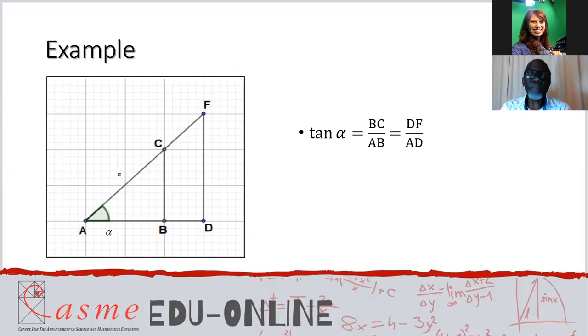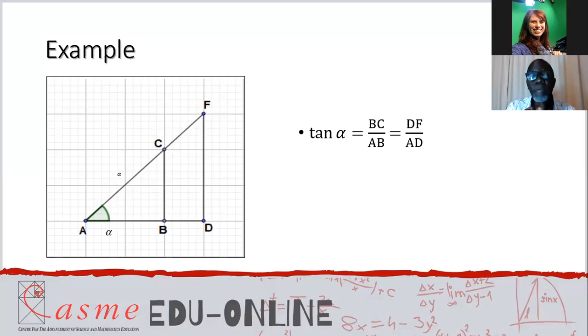Now, if I want to find the tangent of alpha, I will look at which side is opposite alpha. BC is opposite alpha, and which one is adjacent to alpha in the smaller triangle? It will be AB. So the tan of alpha in this one is BC over AB. Or if I'm using the bigger triangle, it will be DF over AD.